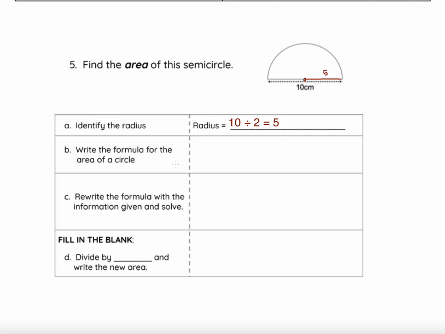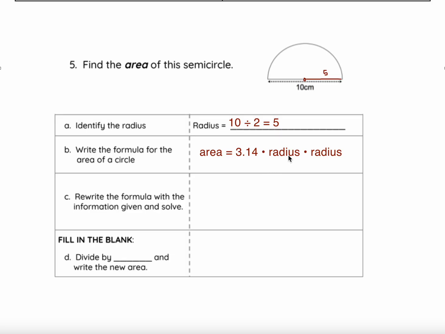Okay, now it says write the formula for the area of the circle, and once again our formula is 3.14 times the radius, or you could say pi r squared. It's up to you. Step C says rewrite the formula with the information given and solve.